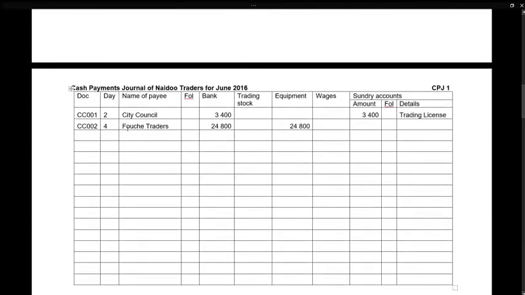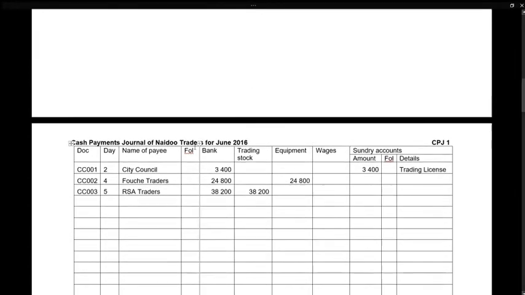Right, so check counterfoil 003. This took place on the 5th. We paid money to RSA Traders, an amount of 38,200 Rand for trading stock. We're done with that transaction.